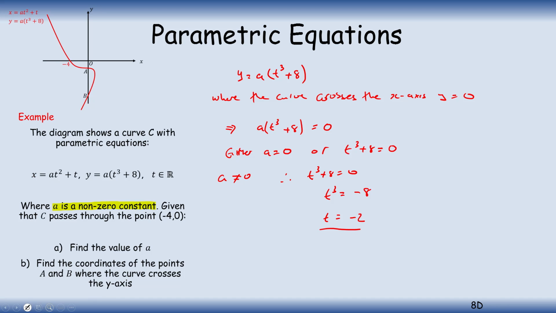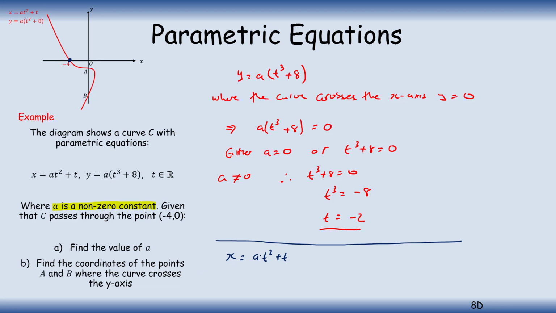Now, I'm just going to switch color of the pen to make it a bit clearer where we're moving on. I know x is equal to at squared plus t, and I know at this point, where it crosses the x-axis, x is equal to minus 4.